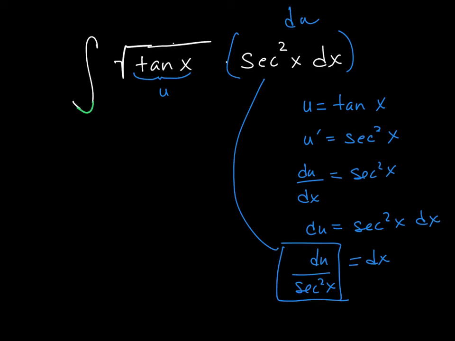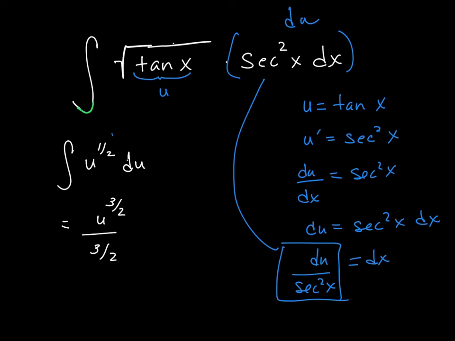So now I can go ahead and write the integral. Now I just have the integral of u to the 1/2 du. And again, that's just because this is a square root, I write that as a fractional power. So now I go ahead and just take the integral of that, which gives me u to the 3/2 over 3/2.